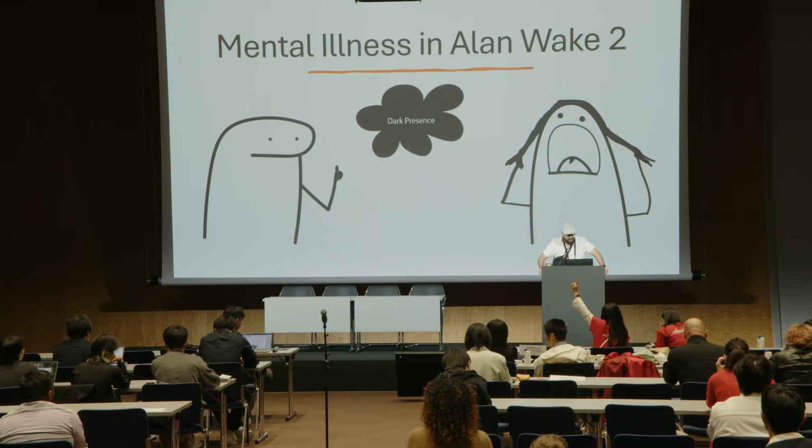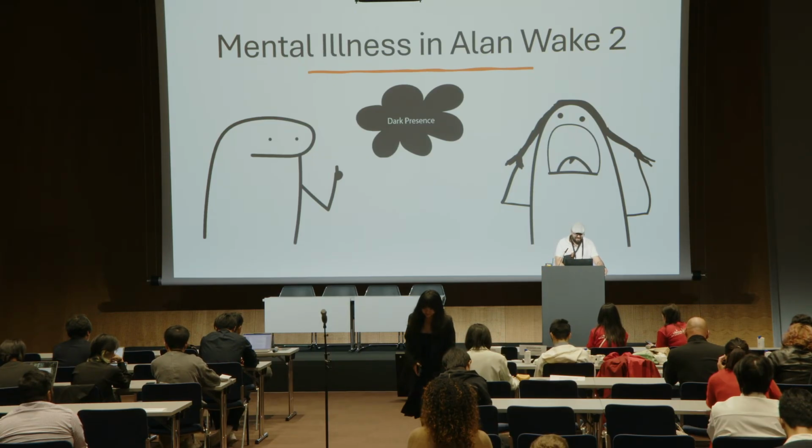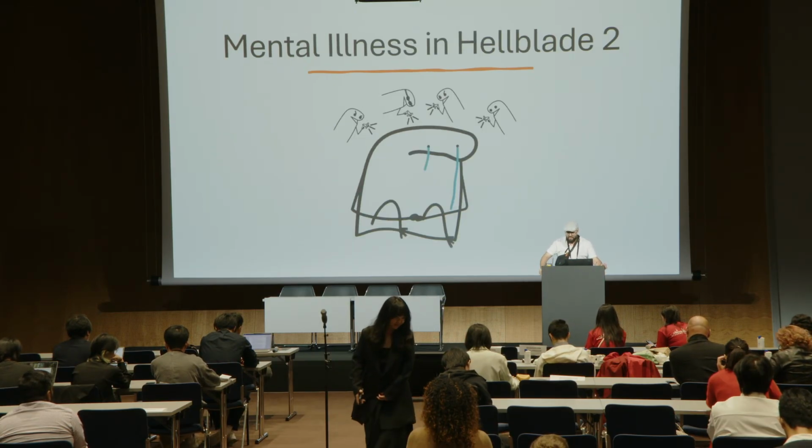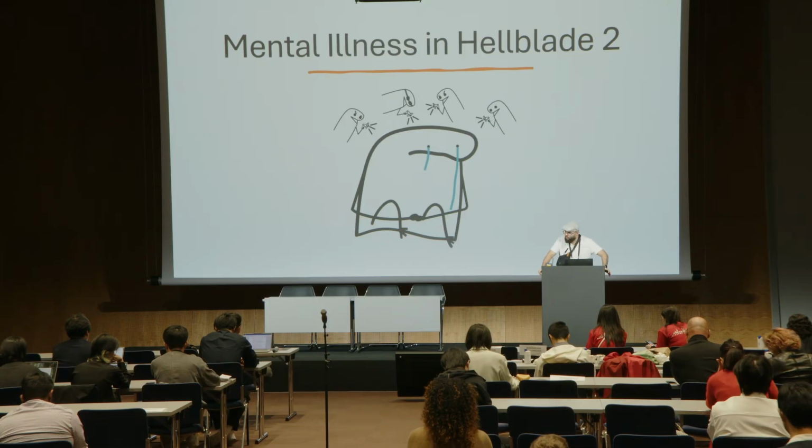I do some drawings to explain, of course. So you are a normal character. There was this supernatural entity that comes into you, and now you have mental illnesses. Hey. And Hellblade 2 is very different because Senua, the character, is not supernatural. She's just a woman who lives with psychosis and is far more realistic.